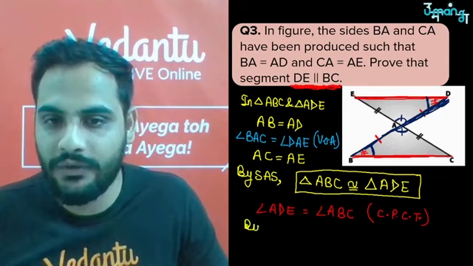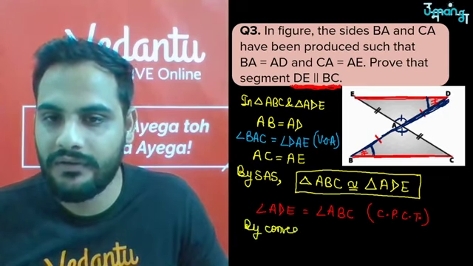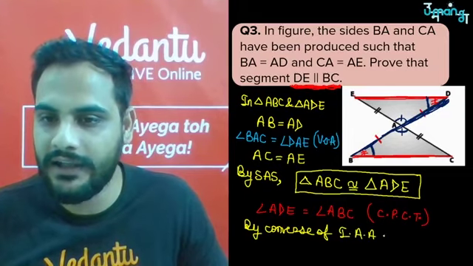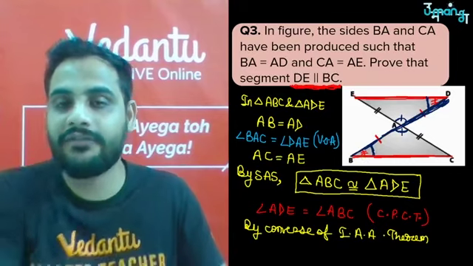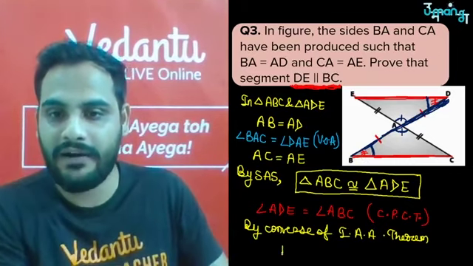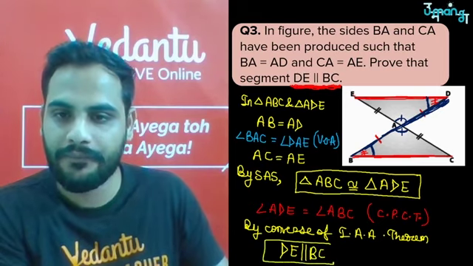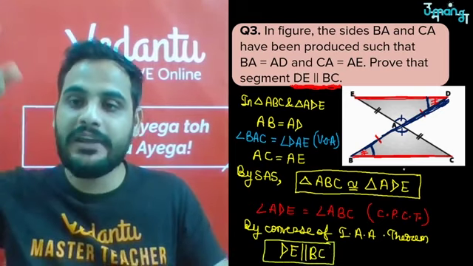So by converse of interior alternate angle theorem, if interior alternate angles formed are equal, lines will be parallel. So you can say DE is parallel to BC.